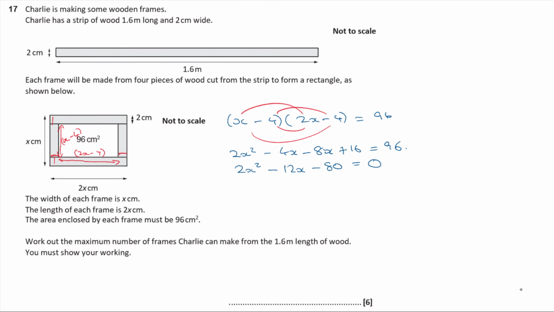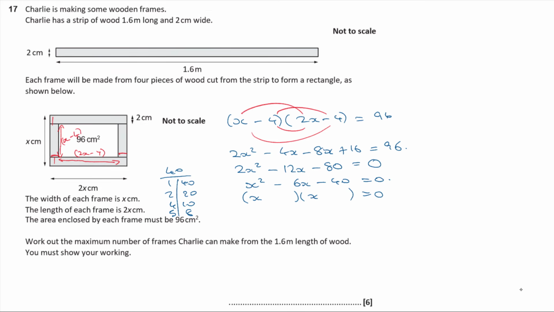Right, now notice that I've got multiples of 2 everywhere. So before I factorize, I'm just going to simplify this by dividing everything by 2. So I'm going to get x squared minus 6x minus 40 is equal to 0. Okay, that should make factorizing a little bit easier. So I'm going to have x and x here. Factor pairs of 40. Right, what goes into 40? 1 and 40, 2 and 20, 3, nope, 4 and 10, 5, yep, 5 and 8, 6 nope, 7 nope.